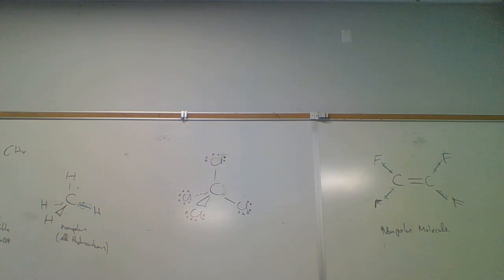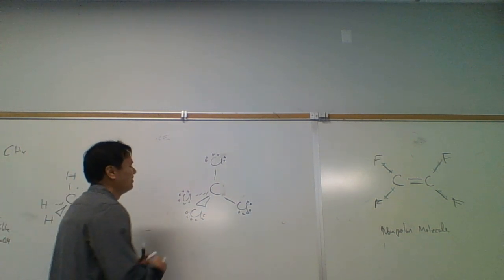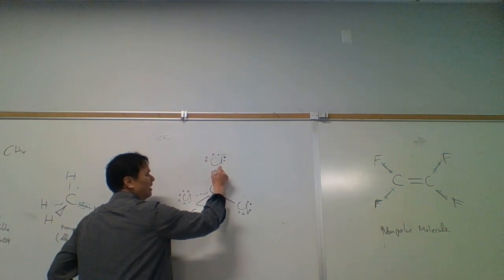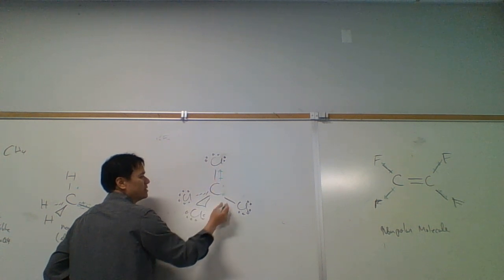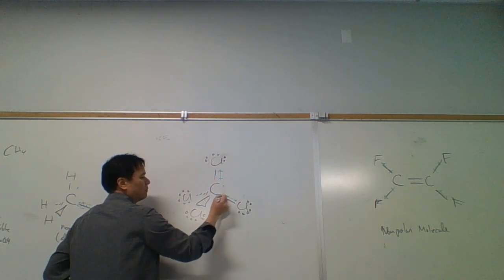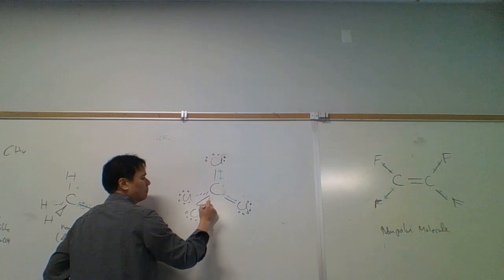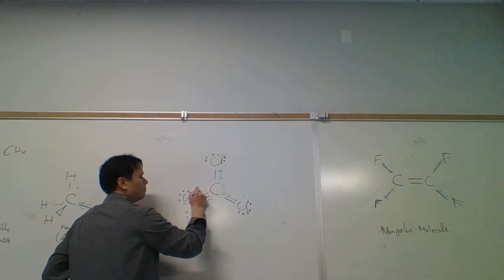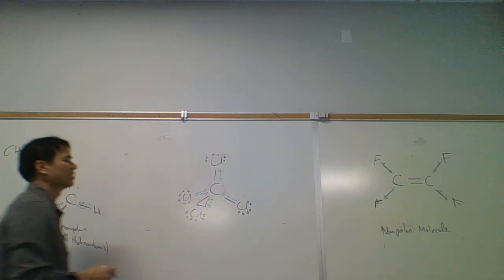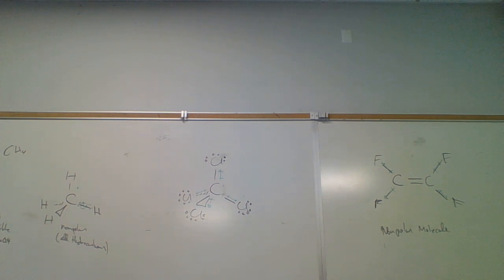Now chlorine and carbon, those are polar bonds. Which one's more electronegative, chlorine or carbon? Chlorine is more electronegative. And so that means I can draw an arrow pointing towards the chlorines like this. So I got these 4 arrows like that.